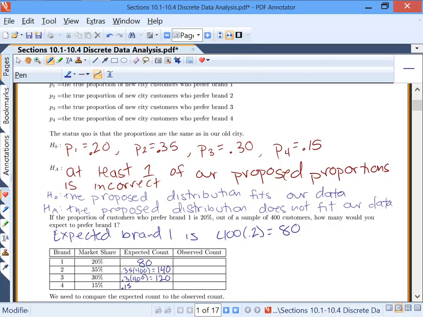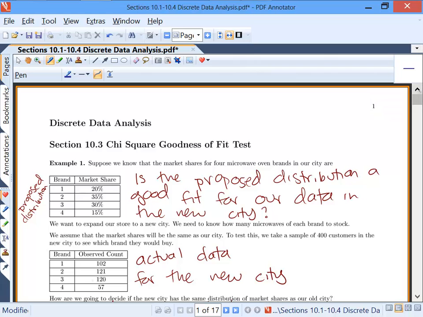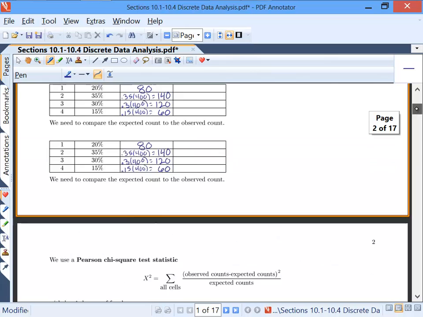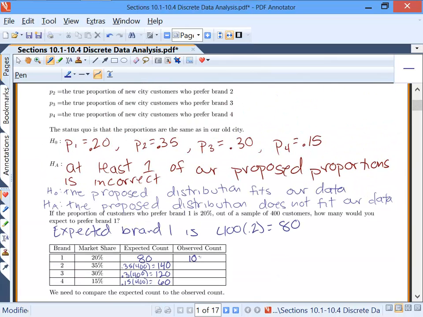And 0.15 times 400 gives me 60. So those are all of our expected counts, and for our observed counts, we just scroll up and see what they told us. My observed counts were 102, 121, 120, and 57.